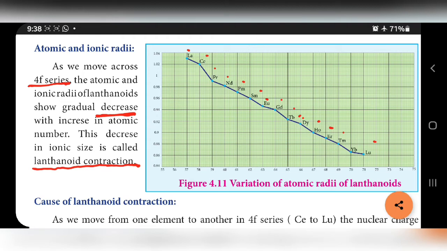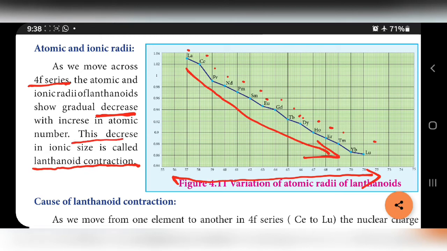The radius of these elements decreases while atomic number increases. So this decrease in the ionic size is called lanthanoid contraction.